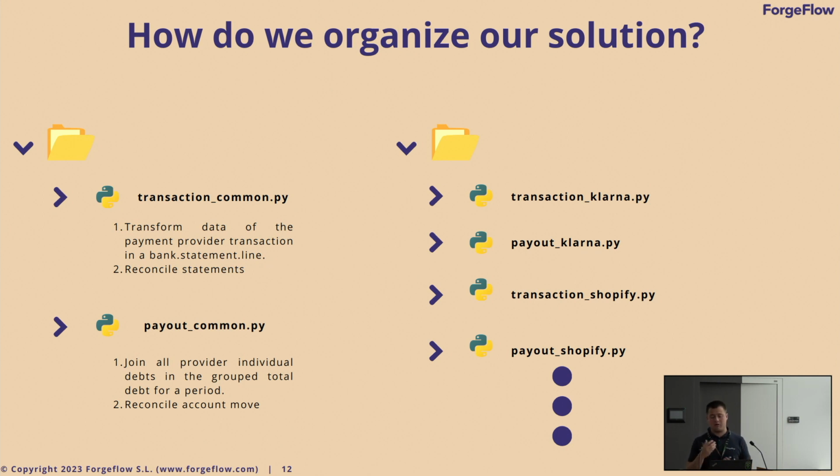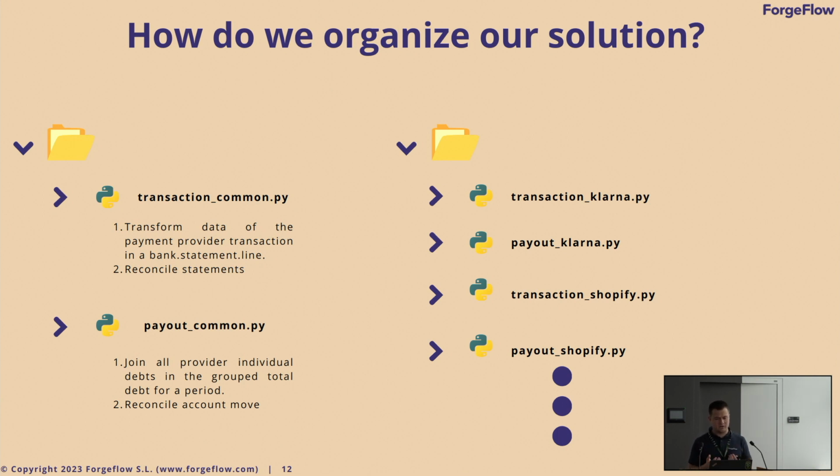And then for each payment provider we have another file that converts what you have obtained from the API of each provider, translates it, and creates a bank statement line and a journal entry.